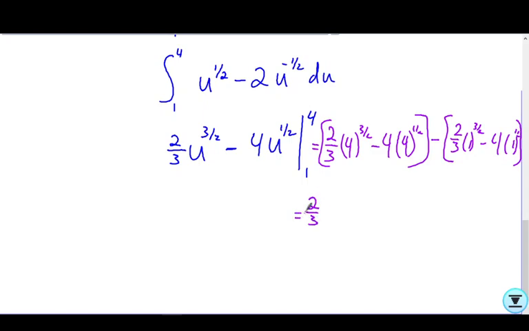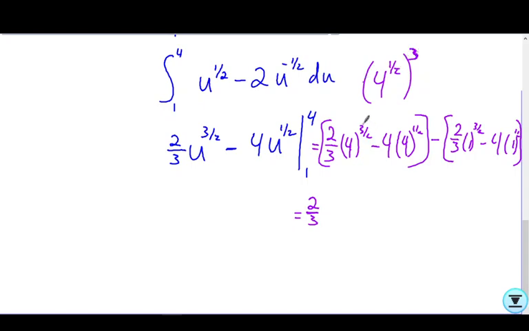So my first part, simplify this a little bit. I'm going to get 2/3. Now 4 to the 3/2, that's basically the square root of 4 cubed. So with exponents, I could rewrite it like this. Let me do it this way: 4 to the 1/2 cubed, to make my life easier, because when you take a power to a power, you multiply.